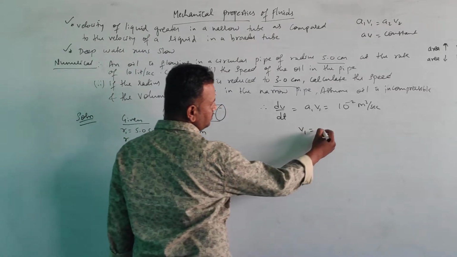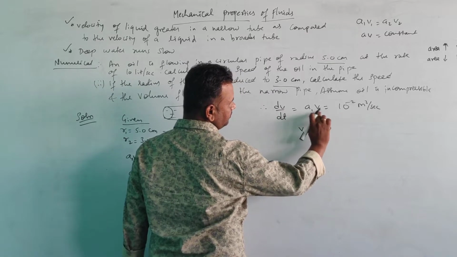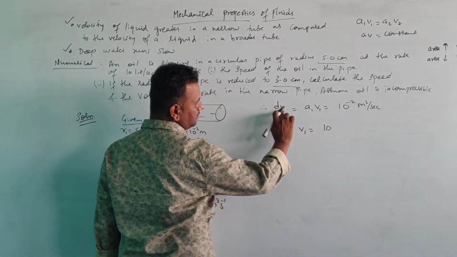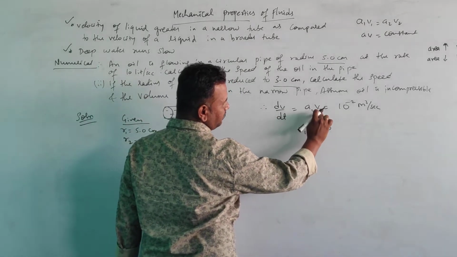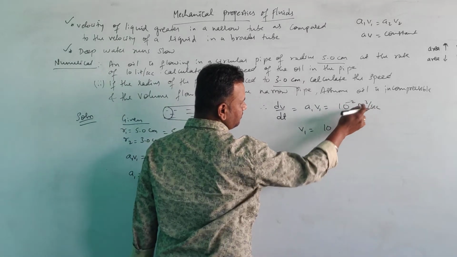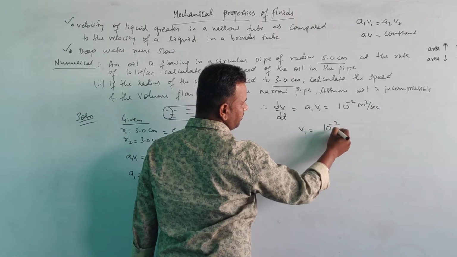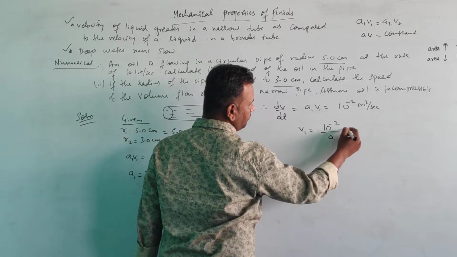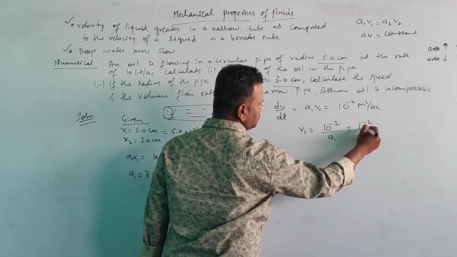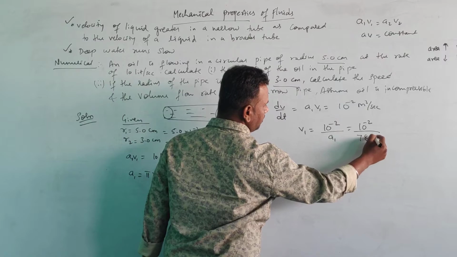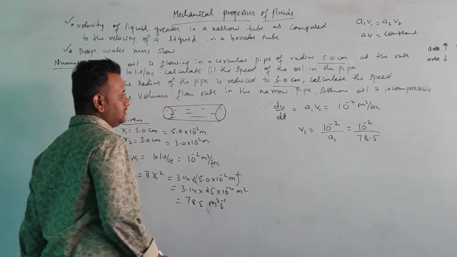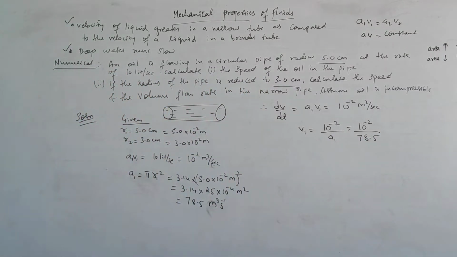V1 is equal to A1 V1, that is dV by dt. I have taken A1 V1 as 10 to the power of minus 2 cubic meter per second. So 10 to the power of minus 2 divided by A1, so 10 to the power of minus 2 divided by 78.5.